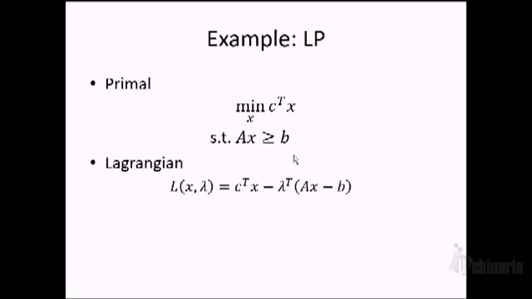So, let's formulate the Lagrangian. We add a Lagrange multiplier for each constraint. That gives us a vector of Lagrange multipliers. And notice here that since we have greater than or equal constraints, we add our Lagrange multipliers with a minus sign.